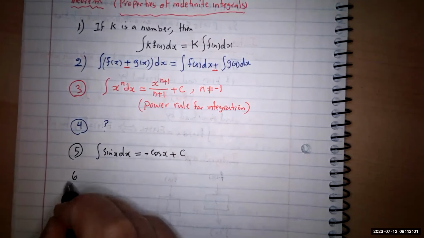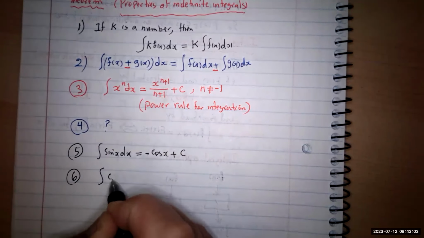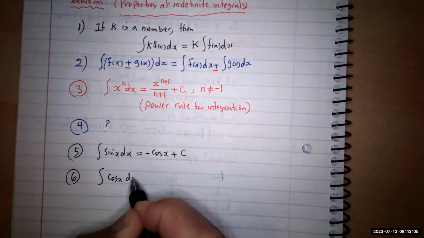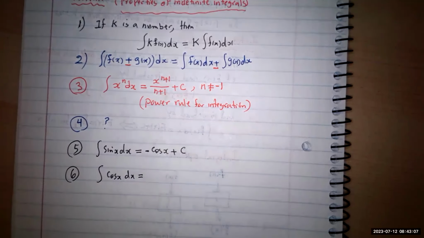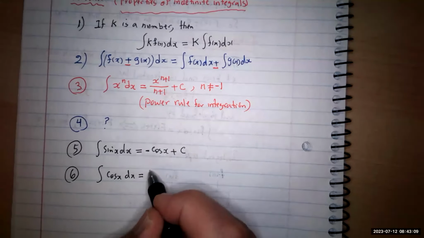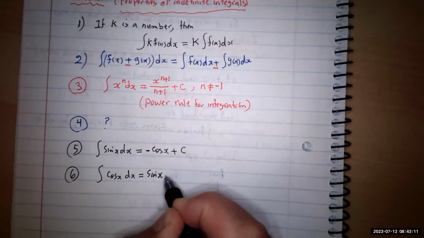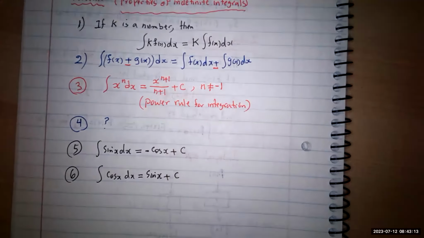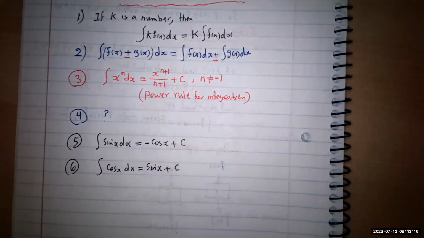In the case of the integral of cosine, that's easy. You want to find a function whose derivative is cosine. Of course, that function is sine. Sine x plus c. You make a list of these formulas for your coming test. That's number 6.